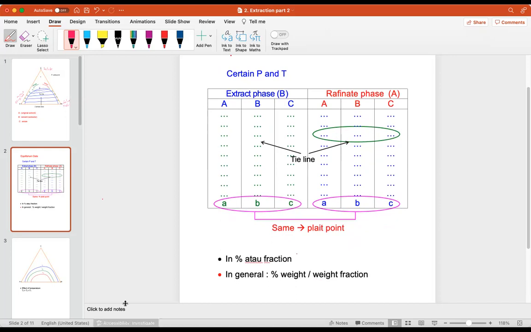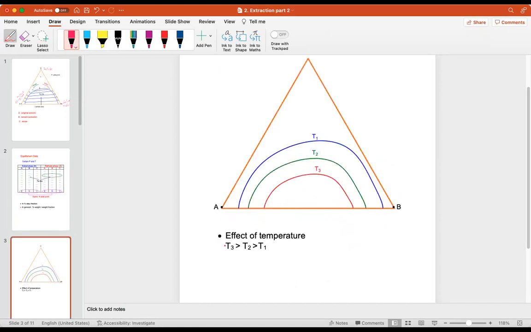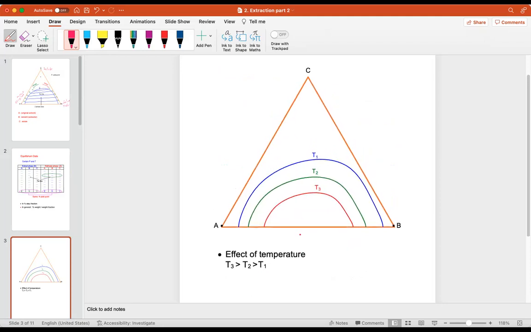Okay, when we increase the temperature from T1 to T3, the area of the equilibrium becomes smaller and smaller, and we know that we want to work around this area, with the extract and the solvent.